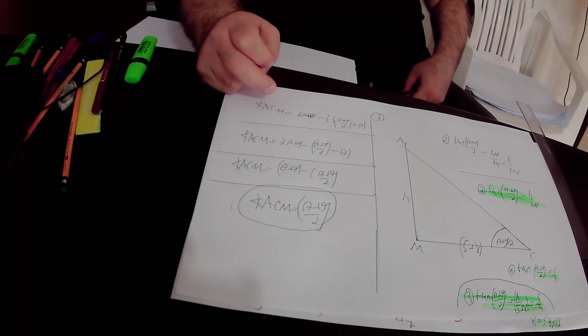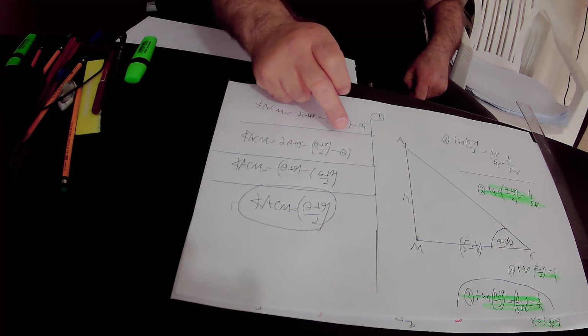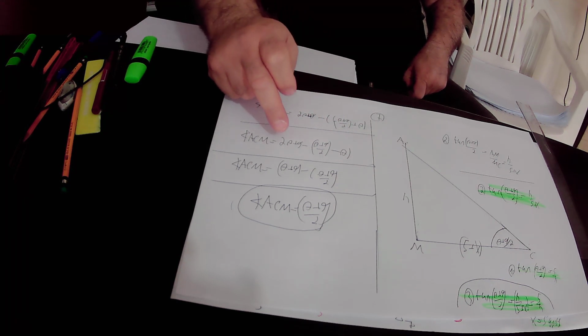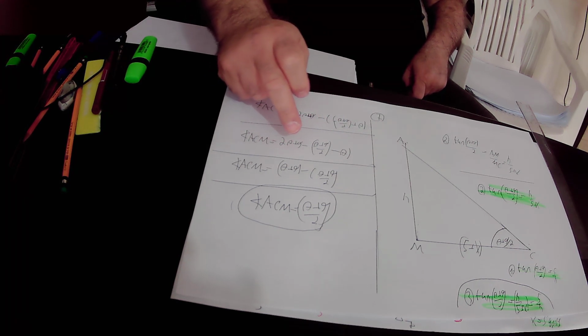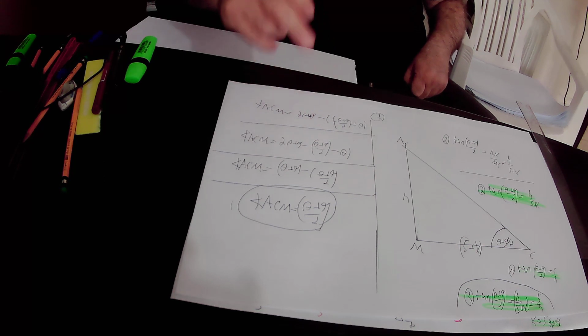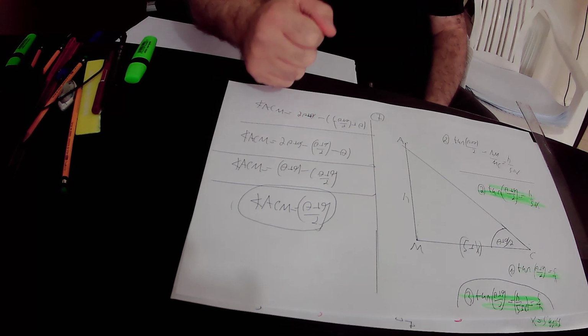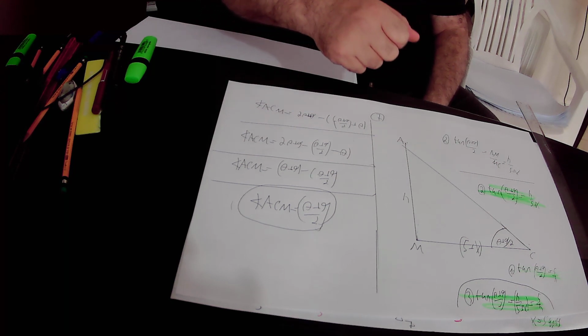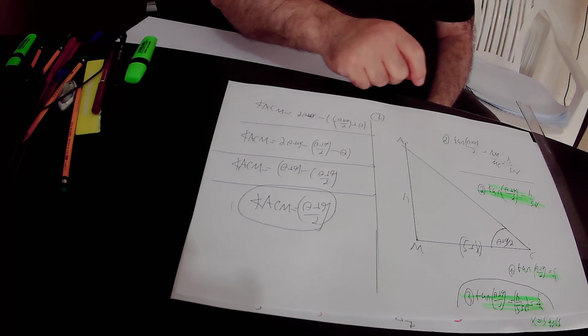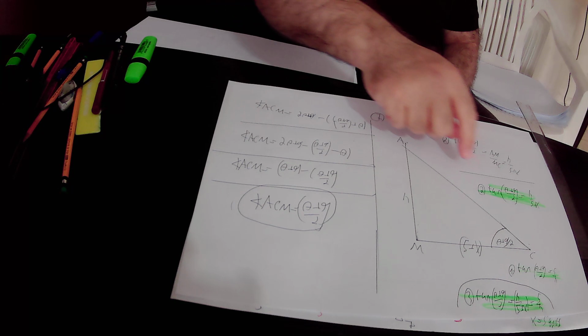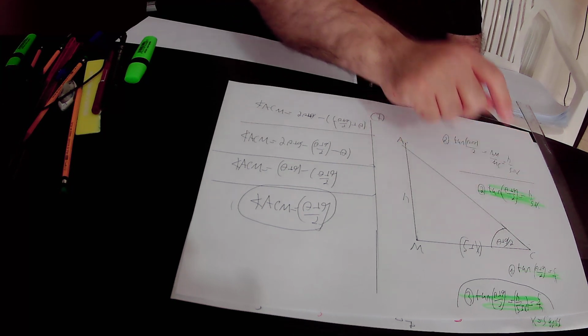So we have 2 theta minus theta is theta, so in conclusion theta plus alpha minus alpha over 2 equals theta plus alpha over 2. So we found that angle ACM equals theta plus alpha over 2.